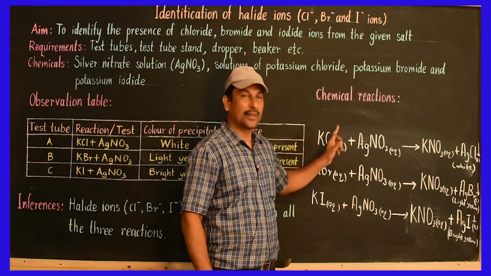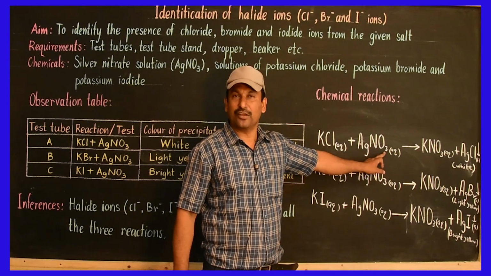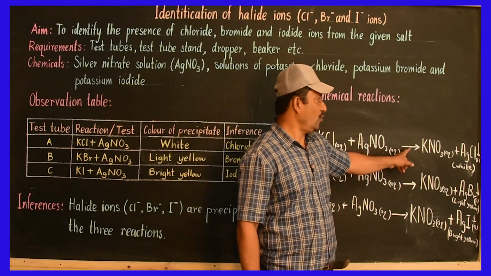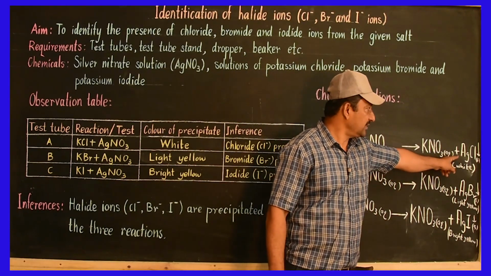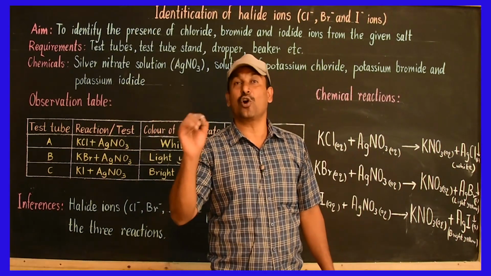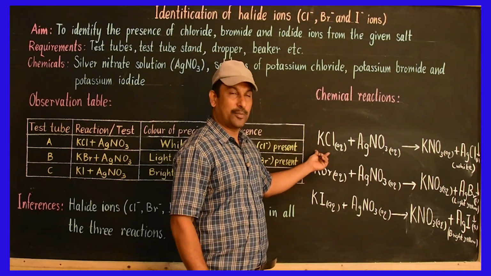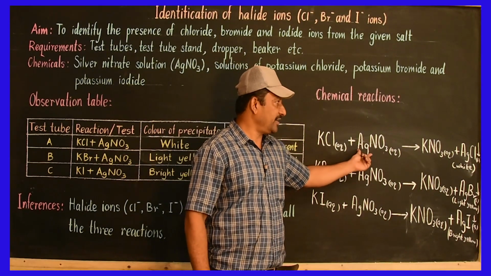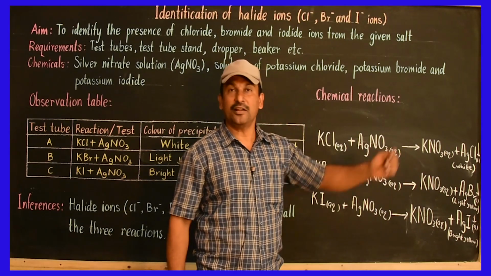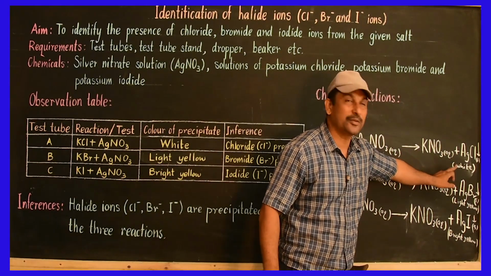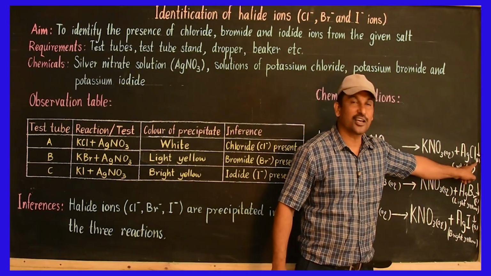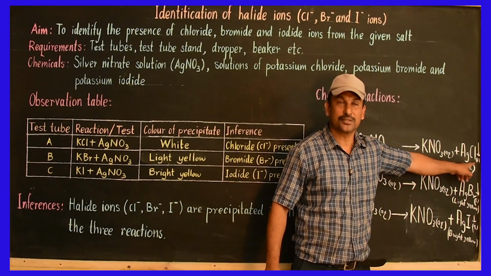KCl aqueous plus AgNO3 aqueous gives you KNO3, aqueous, plus AgCl, solid. That means potassium chloride plus silver nitrate gives potassium nitrate plus silver chloride, the precipitate. This is the white precipitate. So we have written here solid, small s.